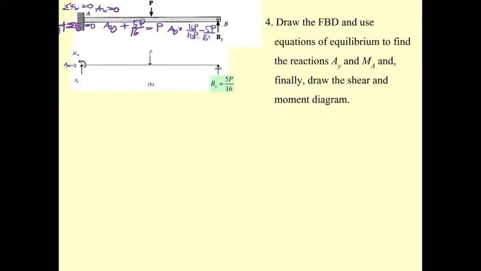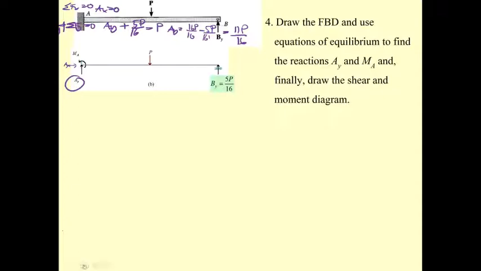Not P, no P here, no P here. Okay, 16 divided by 16P, that is 1. And this one is going to be equal to 11P over 16. Okay, you got to have A_y here.